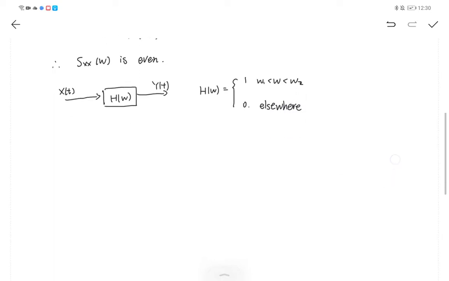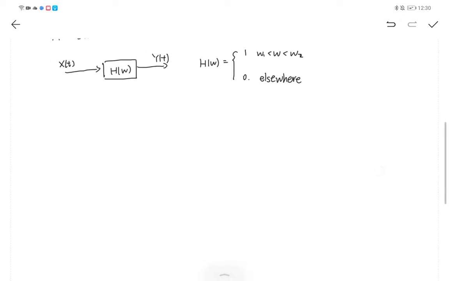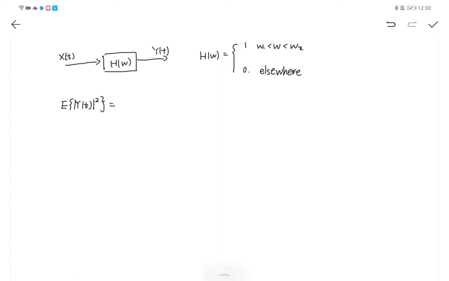So for this passband system, we know that the expectation equals 1 over 2 pi times the integral of the absolute value of H(omega) to the power 2 times S(omega) d omega.